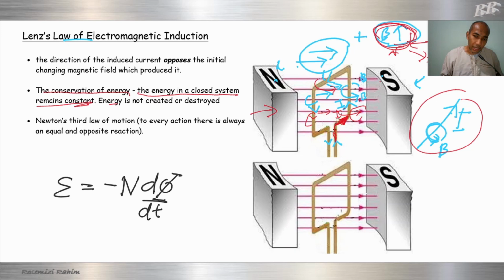Let's look at the second example. We assume the induced current goes in this direction, the opposite of the first case. When the induced current turns like this, using our right hand rule, the magnetic field will be like this.